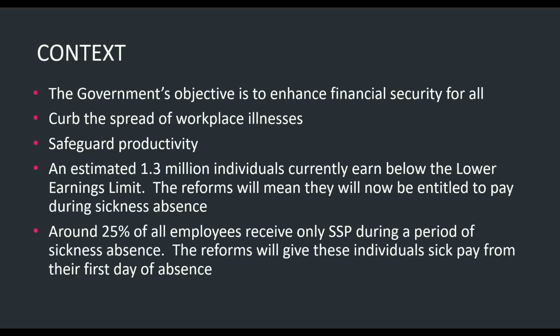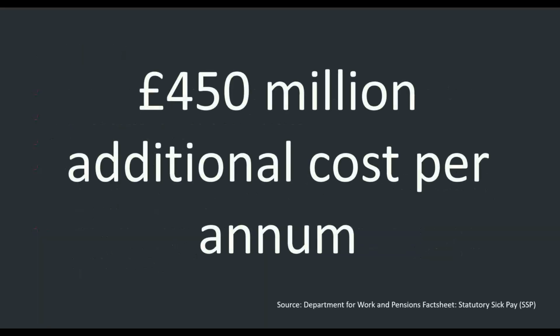But I've got a couple of interesting statistics to show you from a cost point of view. We know from the Department for Work and Pensions fact sheet on statutory sick pay, they're estimating the cost to business of removing the waiting days and the lower earnings limit, replacing it with this 80% calculation rate, is going to be around an additional 450 million annually.